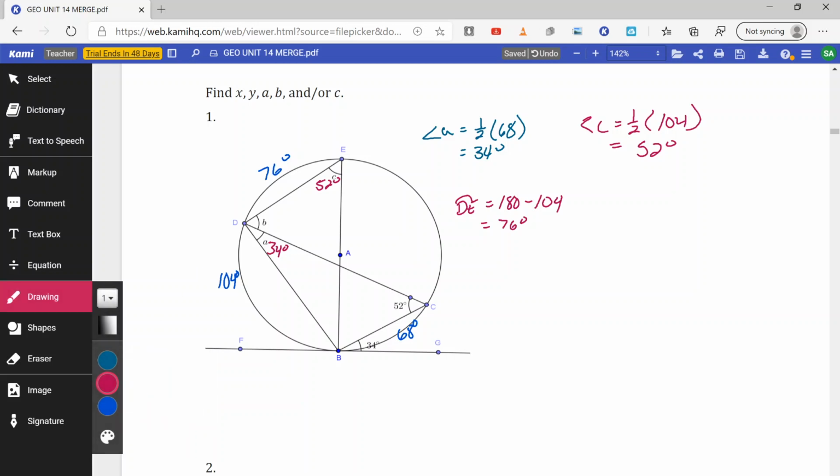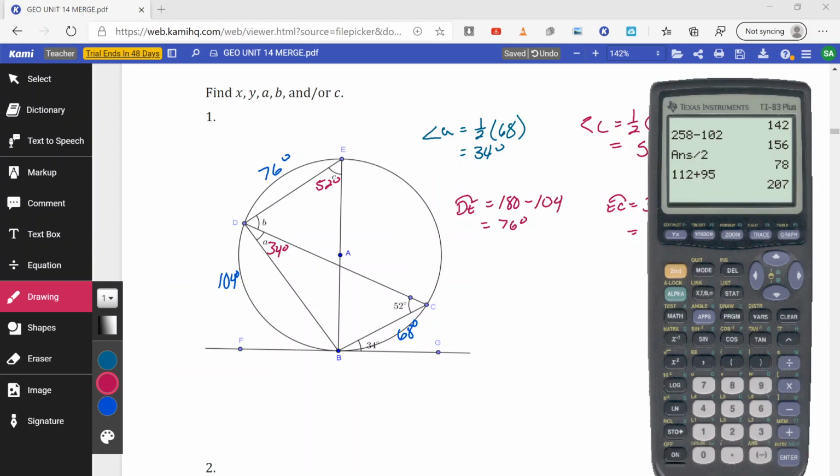So arc EC is equal to 360 minus 180 minus 68. And again, we know it's 180 because half a circle is 180. So here's our 180 degrees, and then 68. So 360 minus 180 minus 68.